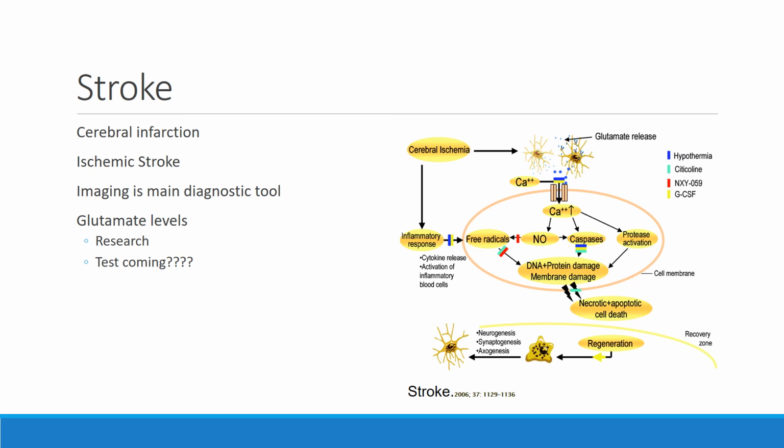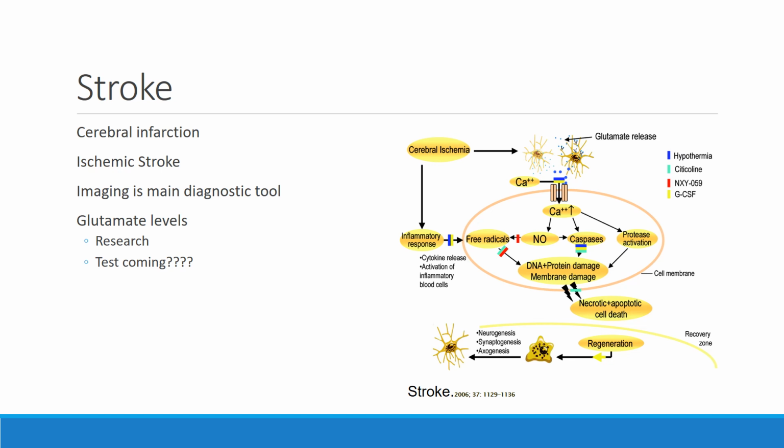And while imaging is very good, the problem is you have one CT scan or you have one MRI and you have patients lining up for it. It takes time to get access to that machine. And also, it doesn't necessarily help us to determine historic strokes and how long ago was this.